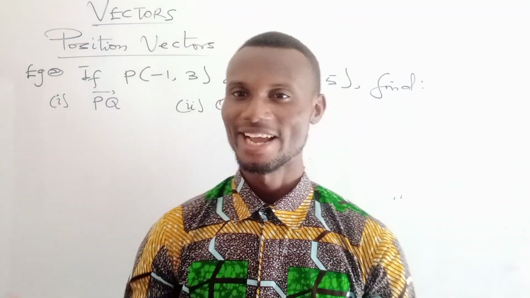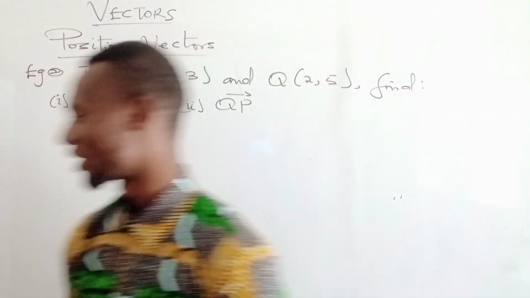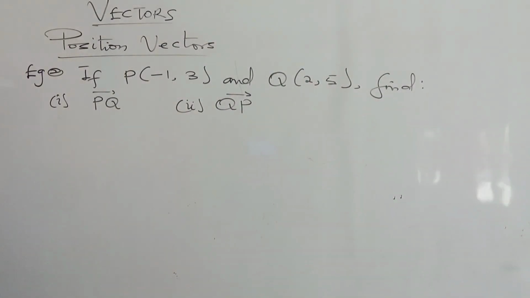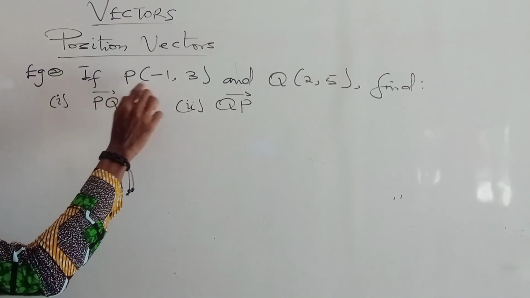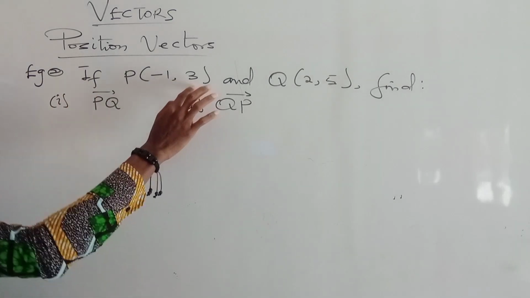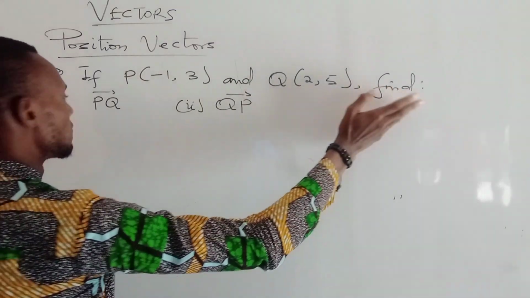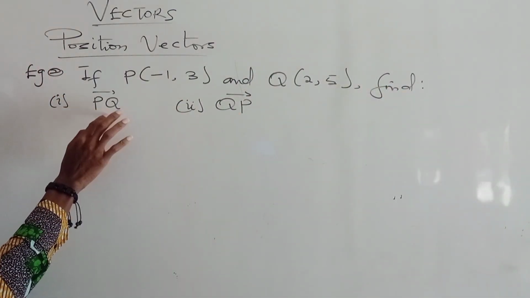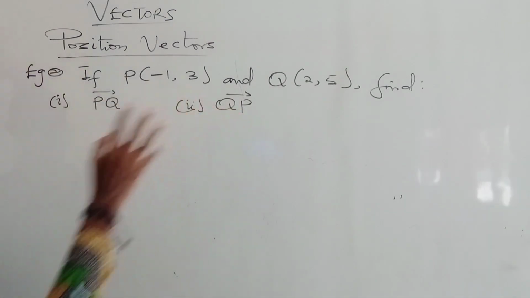Let's go ahead and take a look at example 2 that I have on the board. Let's read it together. Example 2 says that if the point P is given to be -1, 3 and the point Q is given to be 2, 5, find (i) the vector PQ, and (ii) the vector QP.